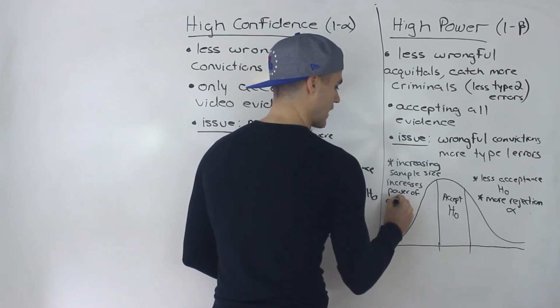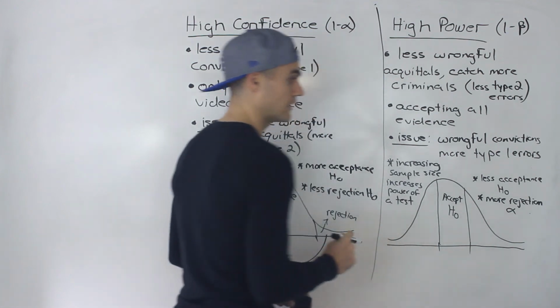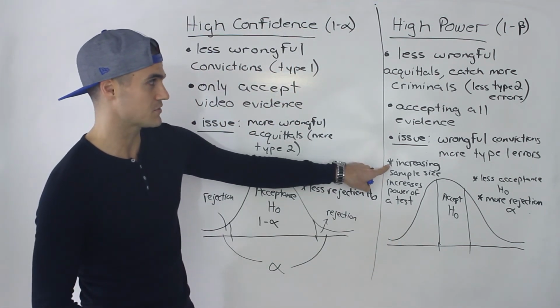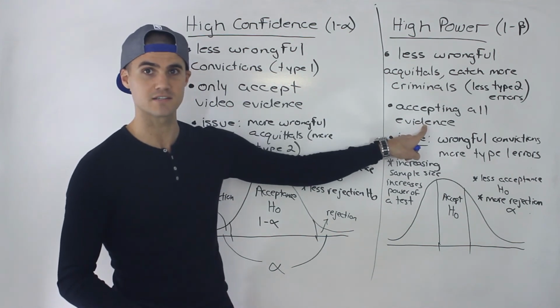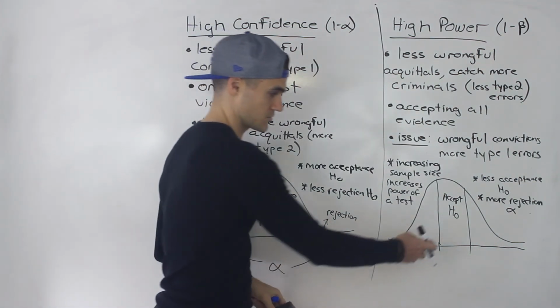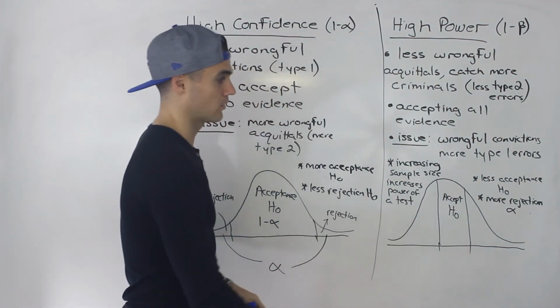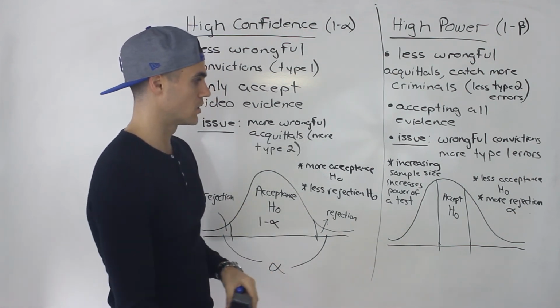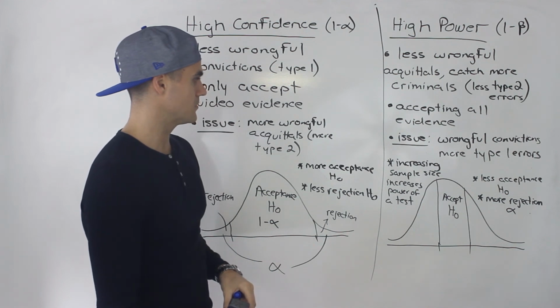So that's how that other video relates to this as well. And you could think of increasing sample size like increasing evidence. And so that acceptance region, again, gets more narrow in both scenarios. So that's how those two relate. And that's pretty much it.